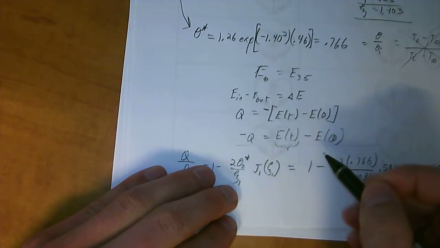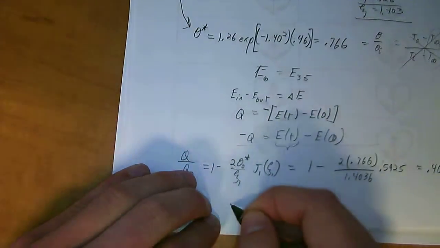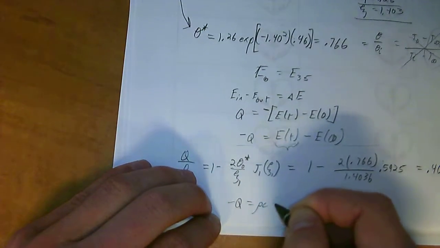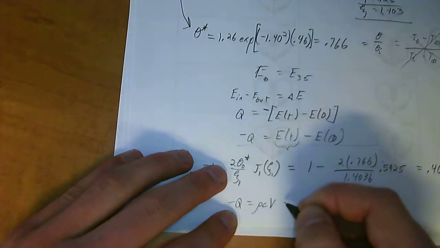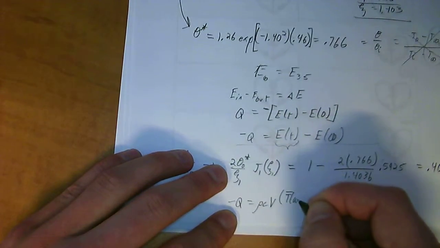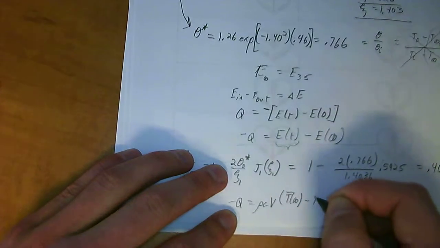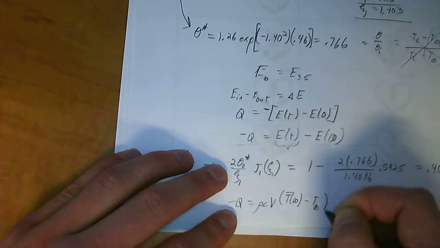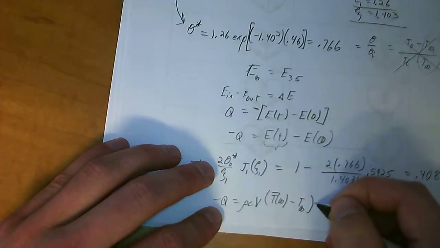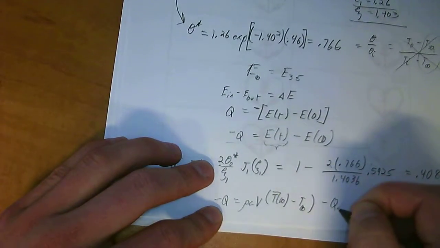So what I'm going to do is change this to negative Q is equal to rho CV of T average minus T infinity, and this is the exterior temperature again from the airflow. So Q naught. Okay, let's talk about this equation for a second.